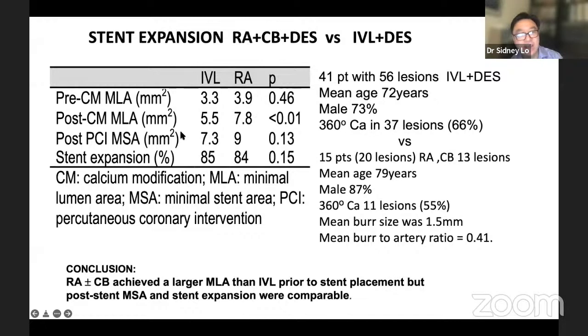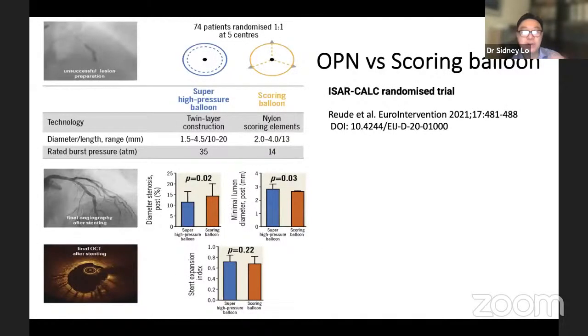However, after stent implantation, the stent expansion was all pretty much similar, including the MSA. So rotational atherectomy plus cutting balloon achieved a larger MLA before stents, but otherwise the post-stent area and stent diameter were comparable. So OPN balloons look a bit better than scoring balloons in the study.